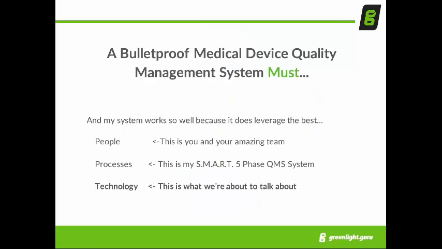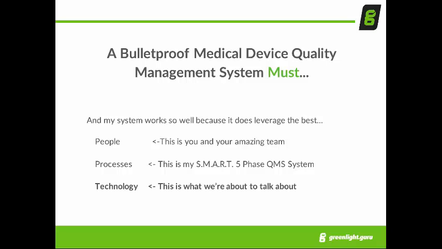The key thing about your quality management system is you want it to be bulletproof. There are a few components to making sure that your quality management system is bulletproof. It's three prongs: people, processes, technology. People, those are you, the people who are willing to invest their time, effort, and energy to participate in webinars and events like this. That's key. That starts the whole process.